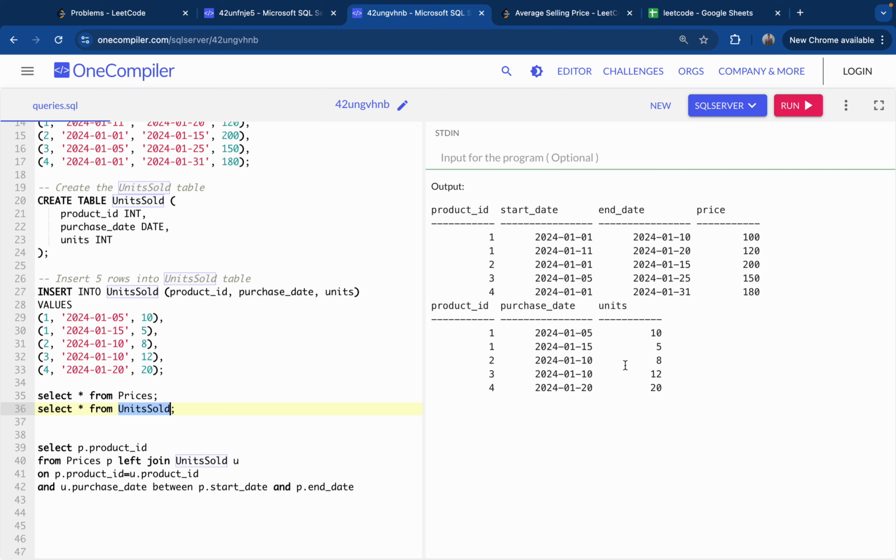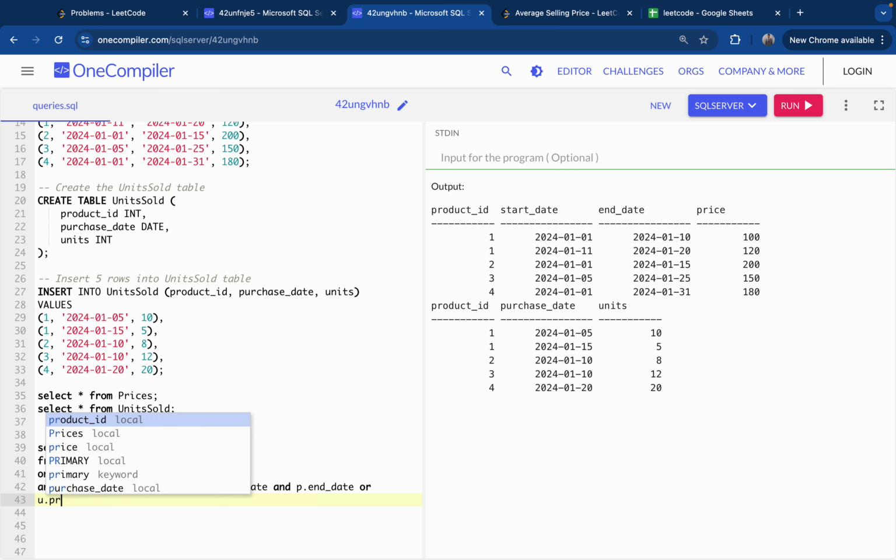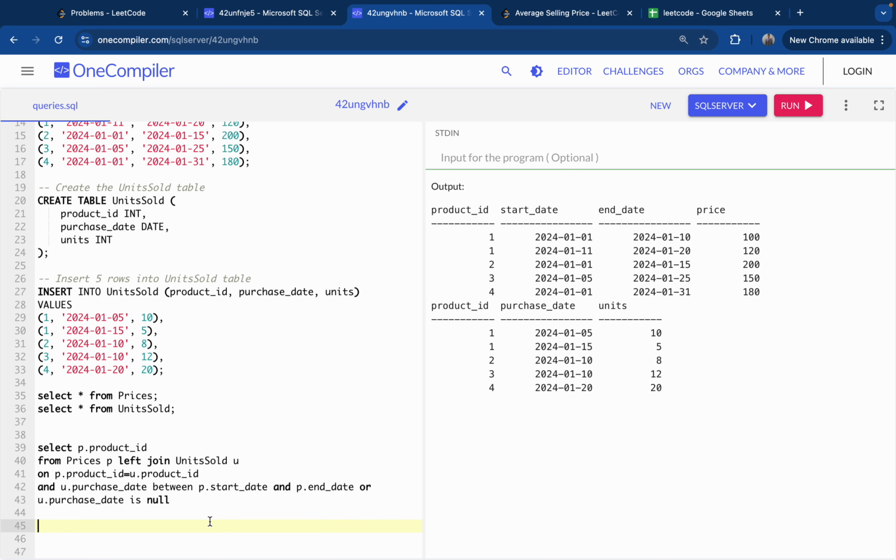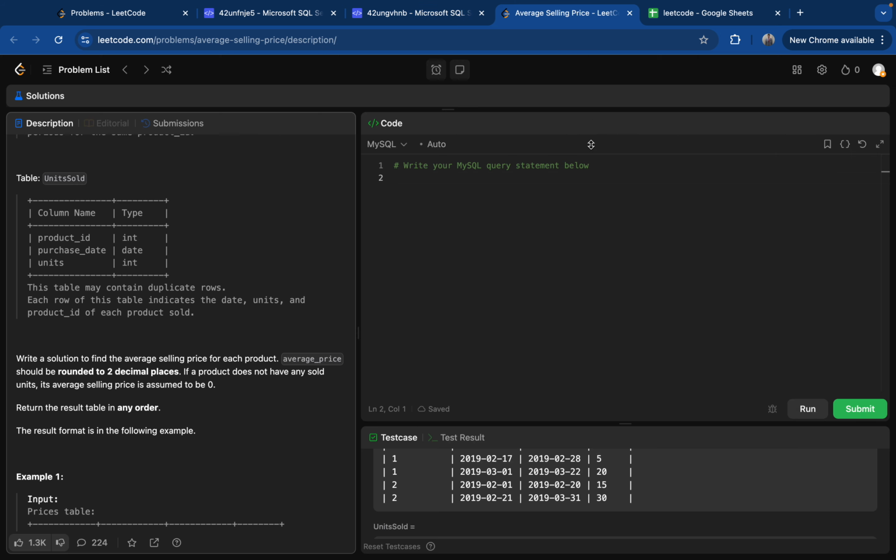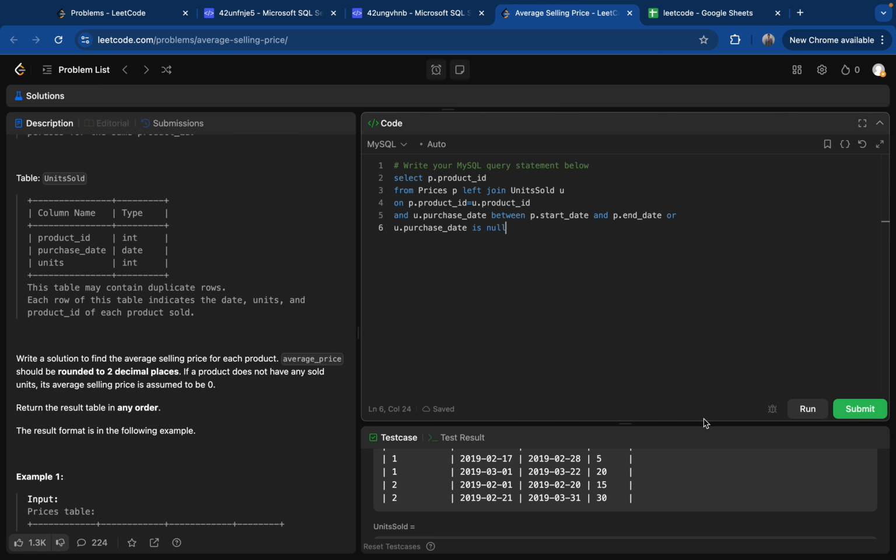For that we have to write one more condition: or U.purchase_date is null. Now let's paste this in LeetCode.